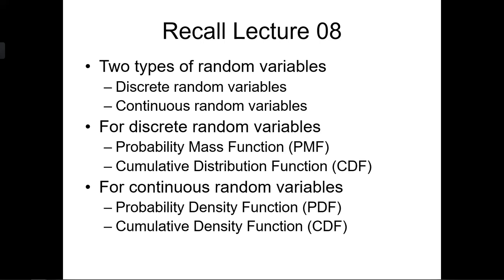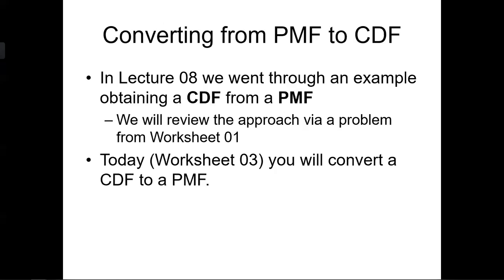In any case, the cumulative one is called CDF, but please don't confuse them. One is cumulative distribution function and the other is cumulative density function. That's just some vocabulary. Now we are going to discuss how to go from one probability to the other, and today we are only going to discuss the discrete case.